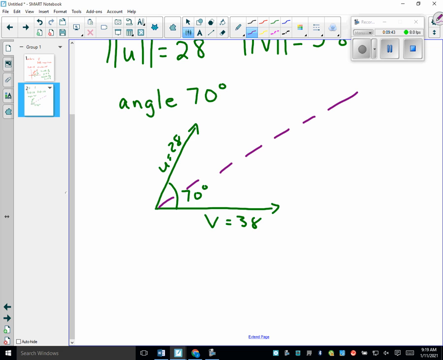Do you agree? Now, what I'm going to draw is what is that? Parallelogram. A parallelogram.